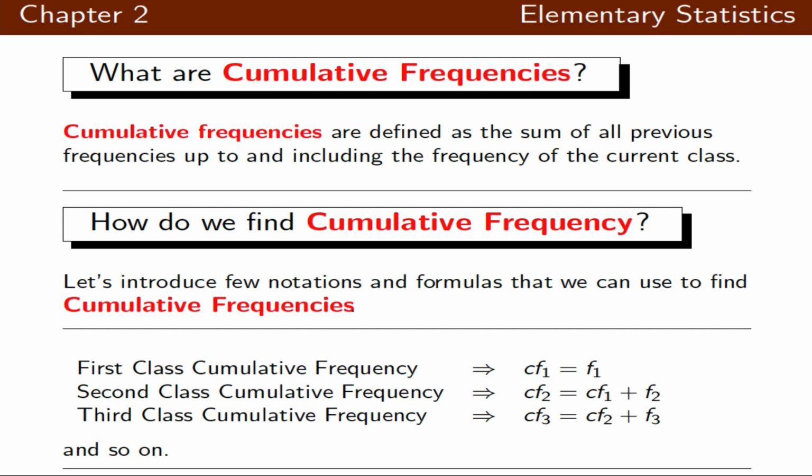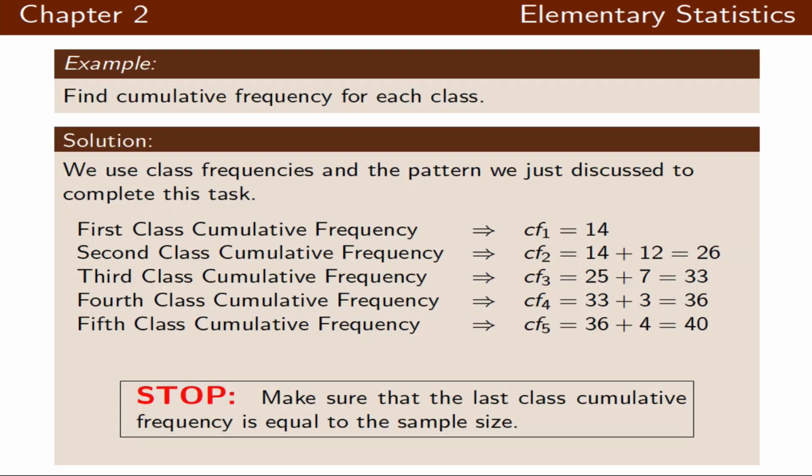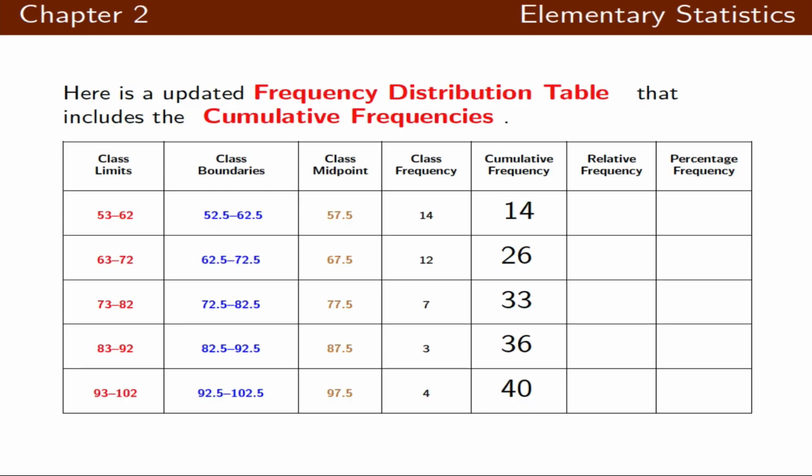Add F1, F2, F3 together to get the third cumulative frequency, and so on and so forth. So for our example, we start with 14. That would be the first cumulative frequency for the first class. Then we add the frequency of the second class to 14 to get 26. Then we add 7, then we add 3, then we add 4, and so on and so forth. So this is how our cumulative frequency looks like.